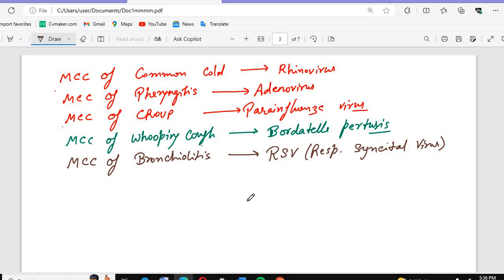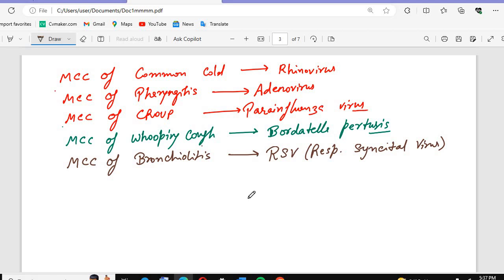Previously it was considered that Streptococcus pneumoniae is the most common cause of acute epiglottitis, but currently we are getting Haemophilus influenzae B. But we are studying for Krok 2. So for Krok 2, what you need to remember is that the ministry is still on the old concept. So you need to remember that both options can be possible in your exam.